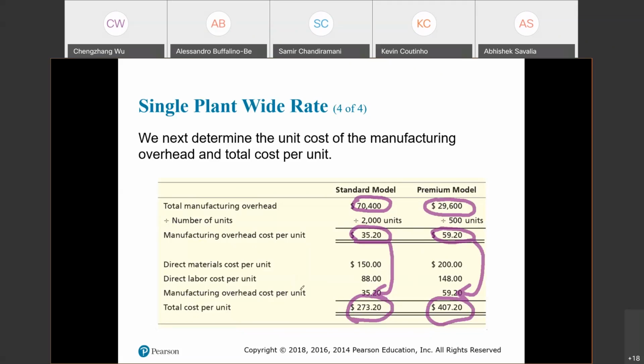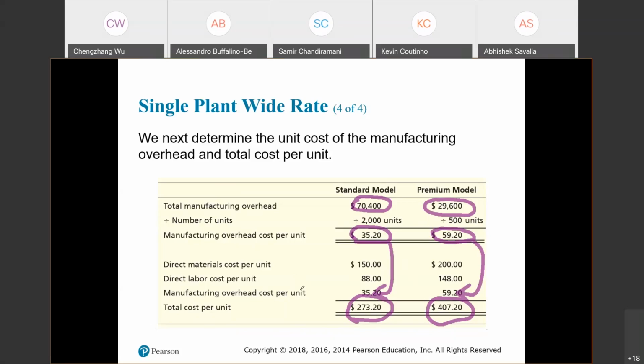As you can see, using a single plant rate is very simple, but it may not be accurate. Using direct labor costs as the allocation base may distort the unit costs of the two models. For example, we know that the premium model requires workers with advanced skills who are paid at higher rates.